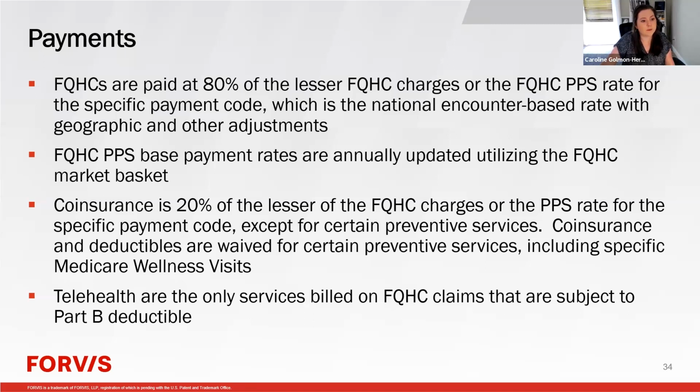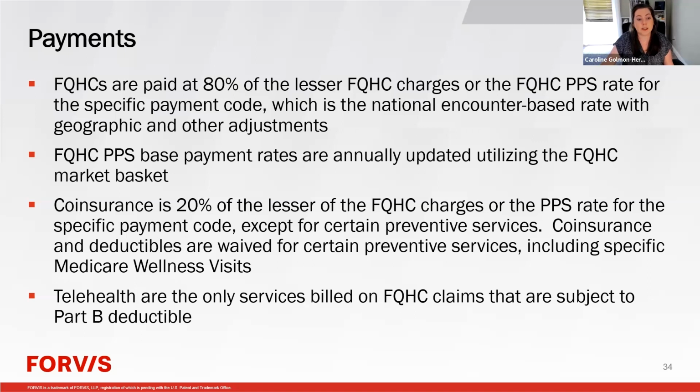So payments to FQHCs. FQHCs are paid at 80% of the lesser of the FQHC charges or the FQHC PPS rate for the specific payment code, which is the national encounter-based rate with geographic and other adjustments. The FQHC PPS base payment rates are annually updated utilizing the FQHC market basket.